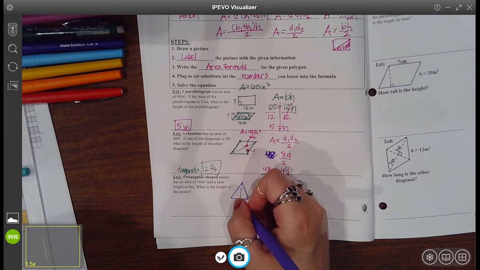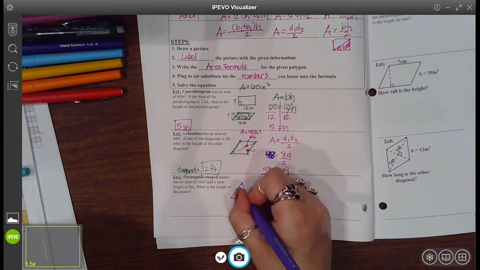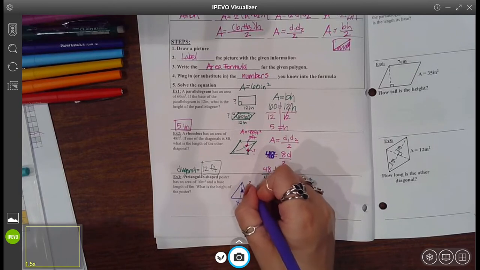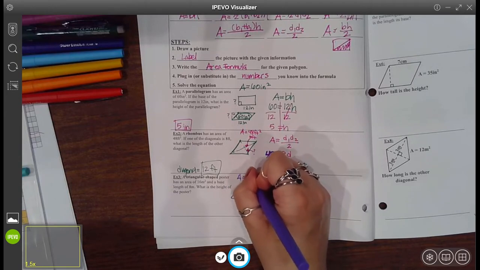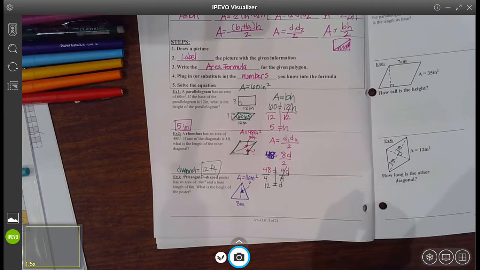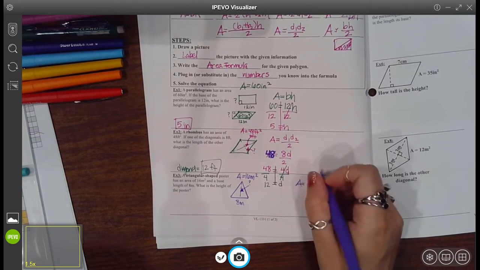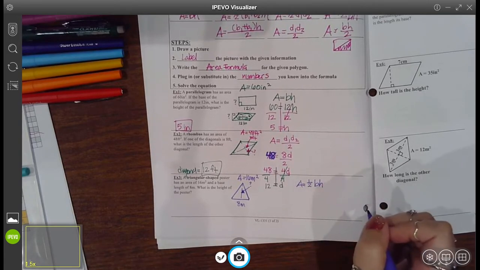The base is 8. And that perpendicular height, we don't know. But they told me the area is 16. So what's my formula for area of a triangle? It's 1/2 base times height, or base times height divided by 2.